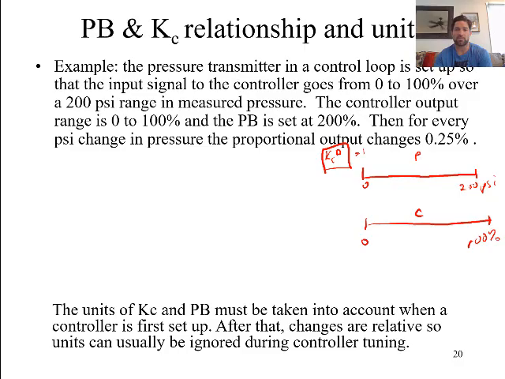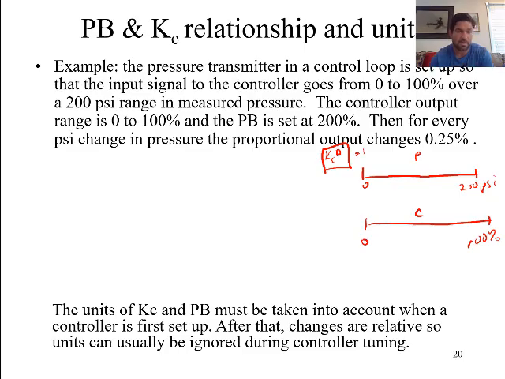So we would have a one-to-one matchup here. A high proportional band means we would be using less of the sensor, so the controller range would be larger. And for a small proportional band, we would be using the opposite.